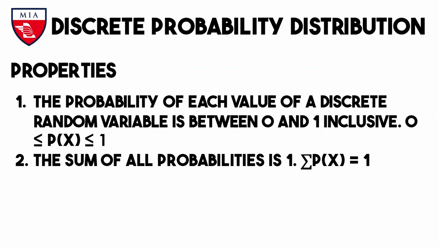Always keep in mind that the value of the probability of a certain discrete random variable is between 0 and 1. So for property number 1, the value of our probability is non-negative.